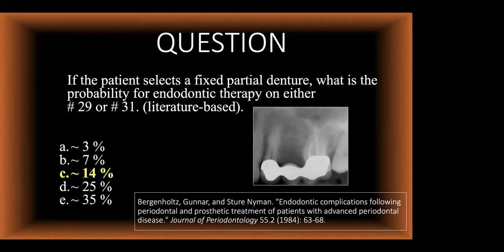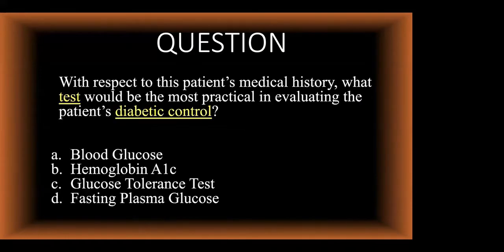Well, when you explain that fixed partial denture to the patient, yeah, they want a bridge, they want it done yesterday, but Mrs. Smith, do you realize when I prep this tooth, you have about a 14% chance of needing an endo on this tooth, which is going to be more expensive. It's going to decrease the longevity of the bridge, predispose the adjacent teeth to problems. So this is something that you can use as a positive and explain to your patients.